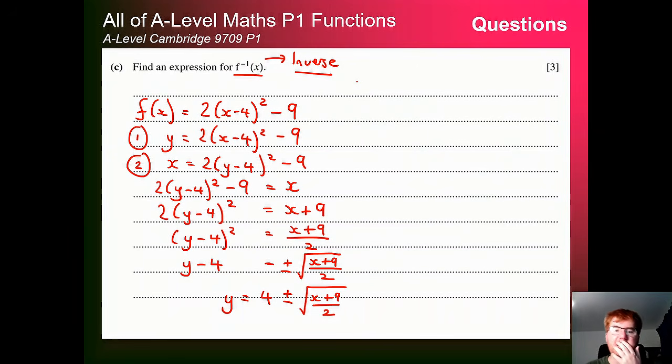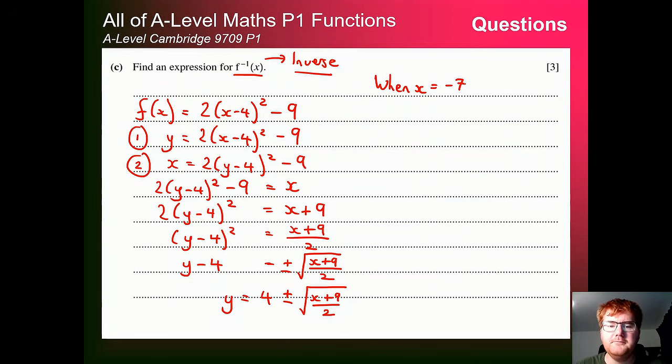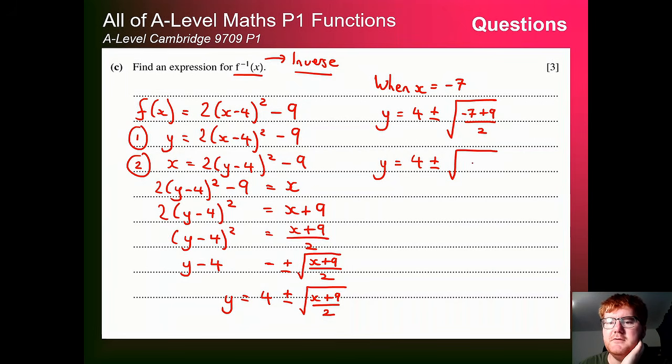So in order to check this, we're going to pop in when x is equal to minus 7. So we have then y is equal to 4 plus minus square root of (minus 7 plus 9) over 2. That then gives us 4 plus minus the square root of 2 divided by 2, which is 1.